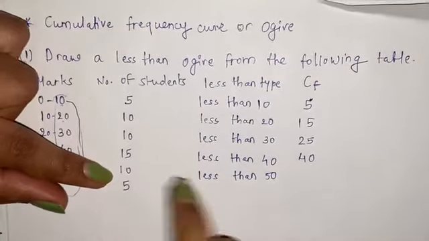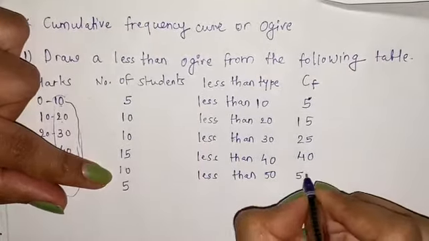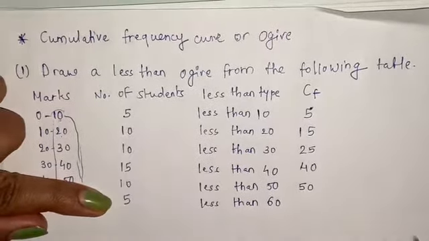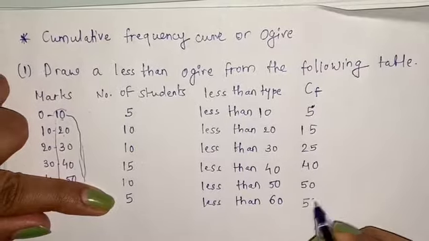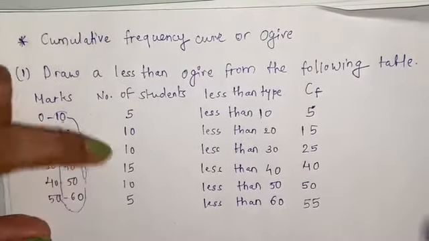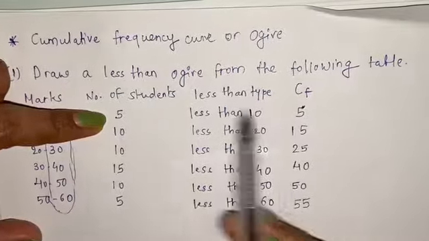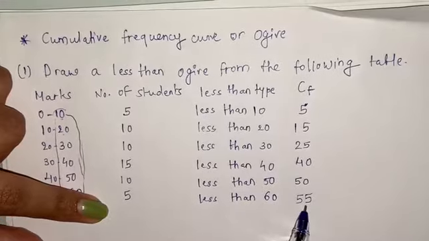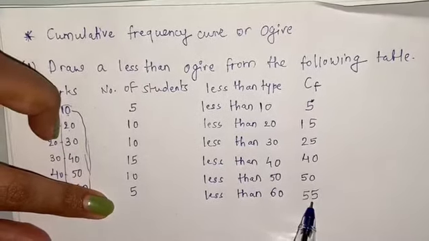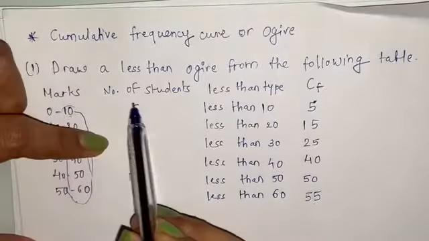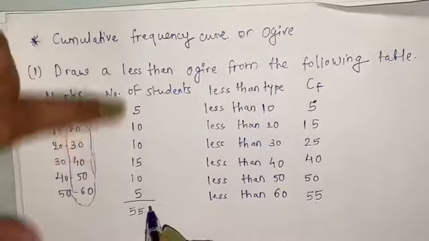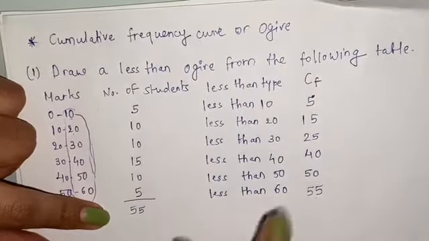So 40 plus 10 is 50, and less than 60. So it is 5, and you have to add all this. So that will be 55. So we are starting from 5 and at last you get 55. Now when you add all these numbers, that sum will also be 55. So both will be equal.